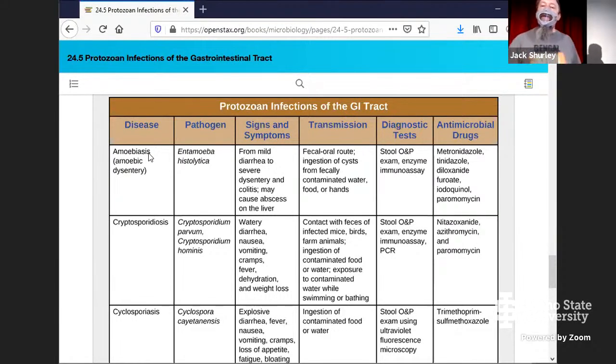It is a very common one if you travel abroad and you think about traveler's diarrhea situations. E. coli is a very common one. Entamoeba histolytica is also a common one, but in this case, a protozoal form of traveler's diarrhea.